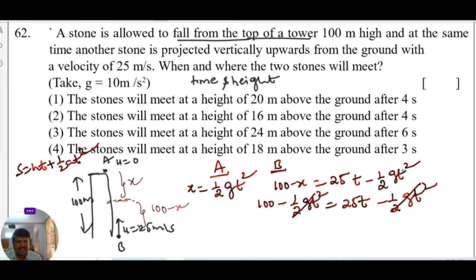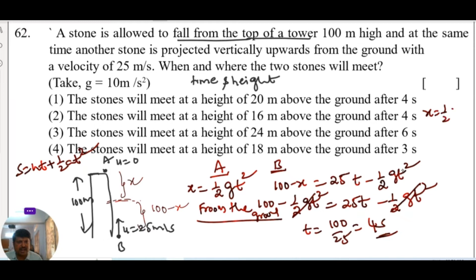Minus half g t square, minus gets cancelled, then t is equal to 100 by 25, that is equal to 4 seconds. That means the two stones will meet after 4 seconds. Then calculate the height. x is equal to half g t square, so x is equal to half, in the place of g 10, t square, time 4 seconds, square means 4 into 4.